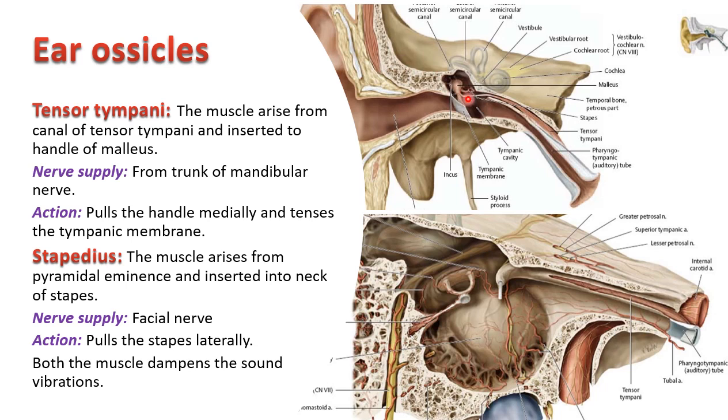This should not happen. If the handle moves laterally during the inflation, the stapes will get dislodged from the oval window. The foot plate along with the annular ligament closes the oval window, or the fenestra vestibuli.